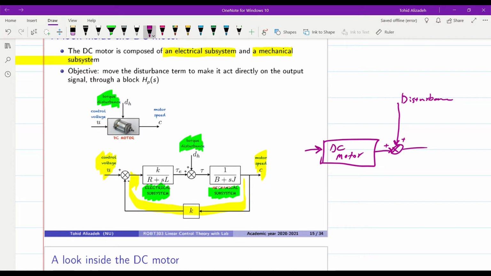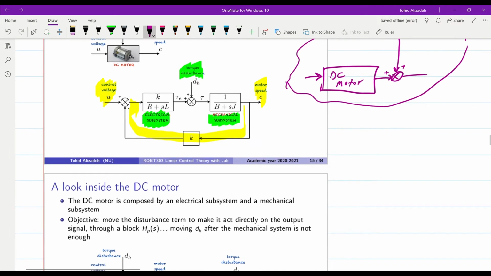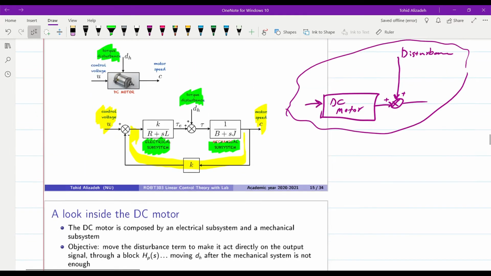And since we want to use this DC motor as a plant, as a process for our examples, we need to have it in this form. And now we will see whether we can transform the block diagram representation of the DC motor into what we have here. Well, so this is our objective.